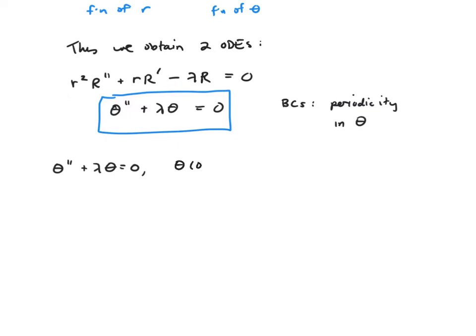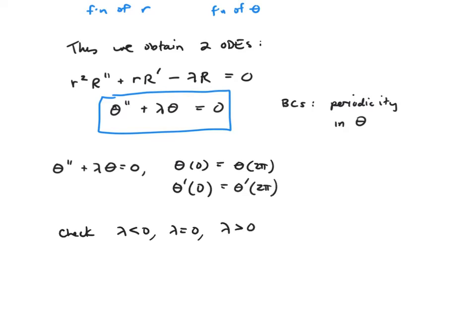That is, theta of 0 is equal to theta at 2 pi. And then similarly, we're going to make it smooth across there. So theta prime at 0 is theta prime at 2 pi. And, well, check lambda less than 0, lambda equals 0, lambda greater than 0.